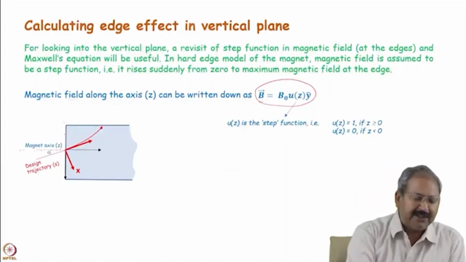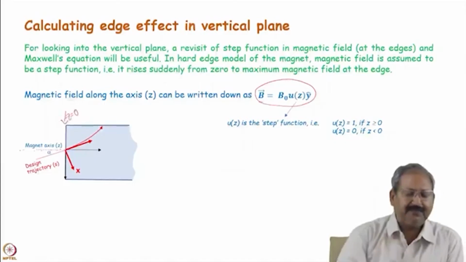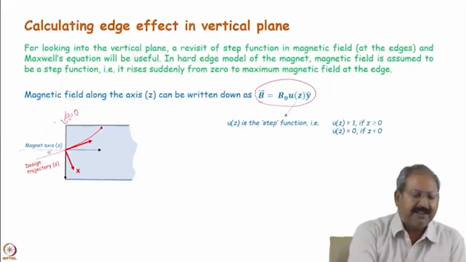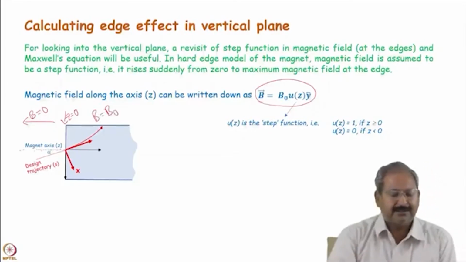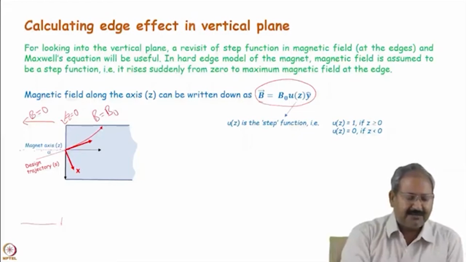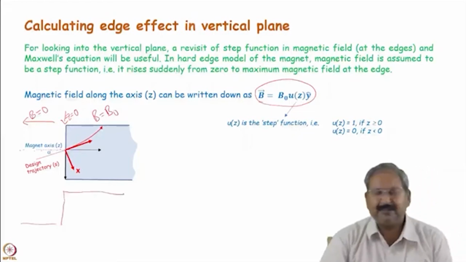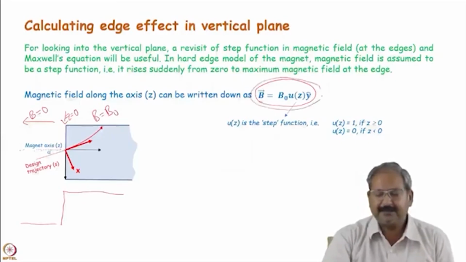So at this point I am considering z equal to 0. Here B is 0 and here B is B naught. So at this edge we have a sudden transition. This was our hard-edge model, so the hard-edge magnetic field can be represented by this expression.